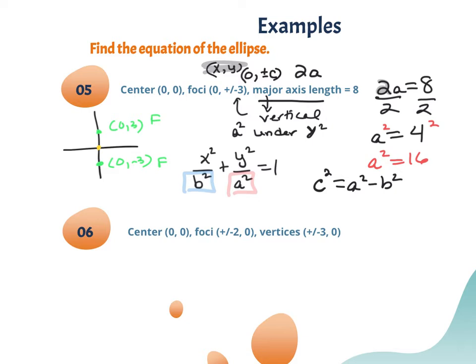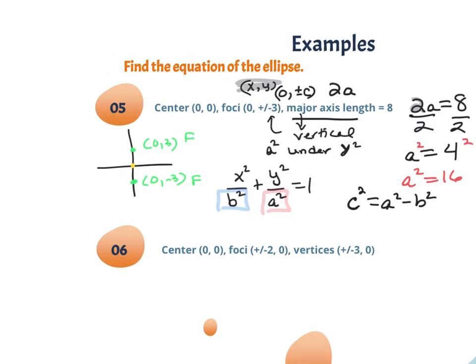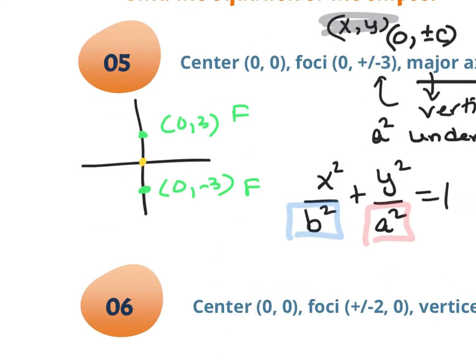This is when the major axis is vertical. Now, also remember that your c value is the number of spaces away that the focus is from the center. So because I gave myself this little visual here on my graph, I could have also realized that there's 1, 2, 3. There are 3 spaces between the center and the focus. So this is my c value.